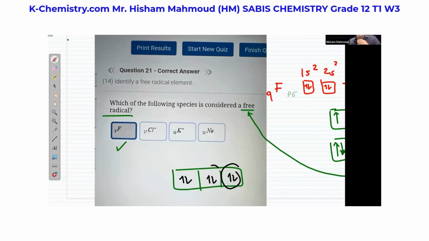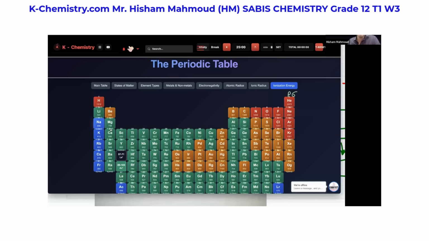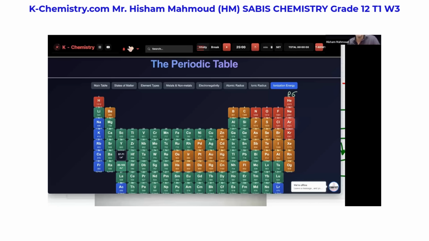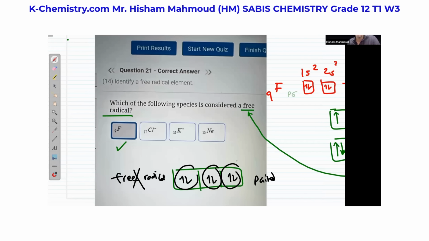Is it unpaired or paired? They are all paired. Paired means that it's not a free radical. The potassium does the same. When it loses 1 electron, it becomes like argon. Same. Neon is a noble gas. Any noble gas has for sure 6 electrons in the p6. That's why it will never be a free radical.